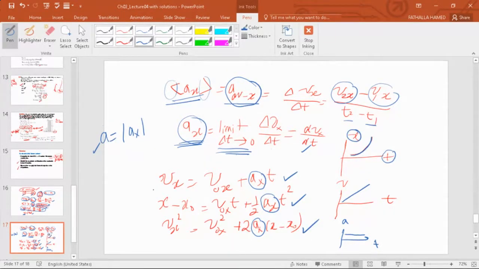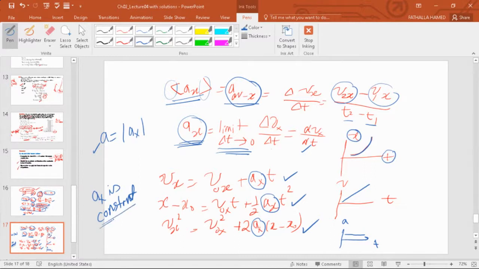Now we developed a set of equations, and these equations were developed when ax is constant. Okay, we developed that Vx is equal to V0x plus axt, x minus x0 is equal to V0xt plus 1/2 axt squared, and Vx squared is equal to V0x squared plus 2ax times x minus x0.